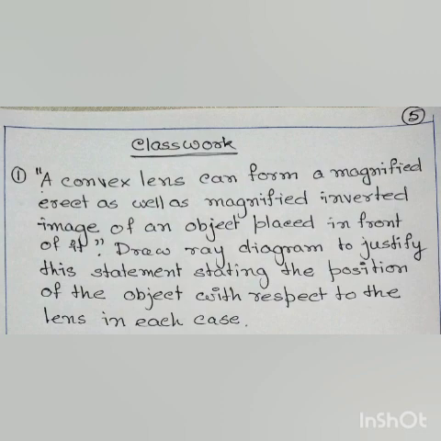Now here I am giving some hints to solve this problem. See, you just recall all the situations. For two particular situations you will get a magnified image, but one time the magnification will be positive and one time it will be negative.